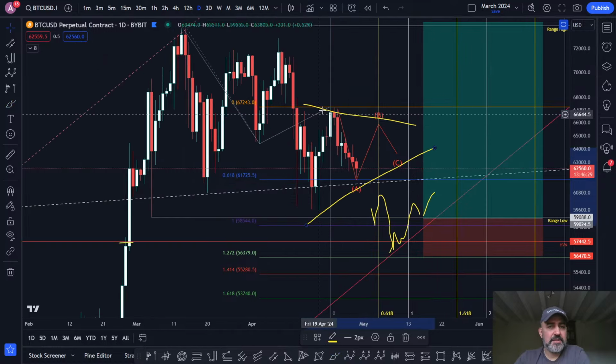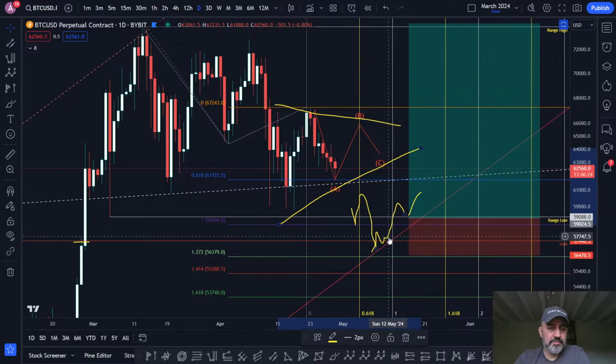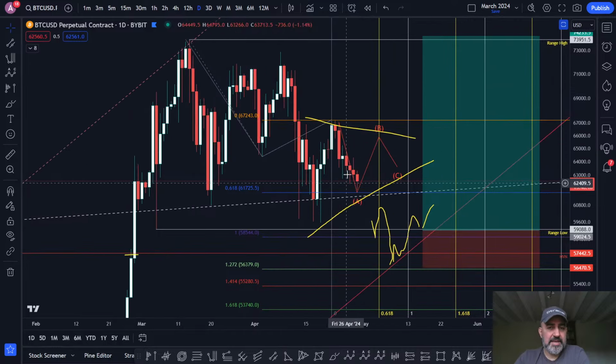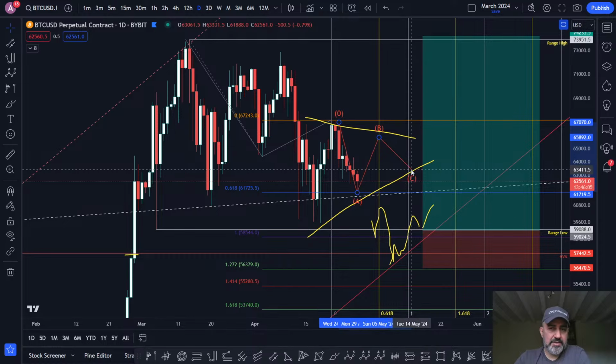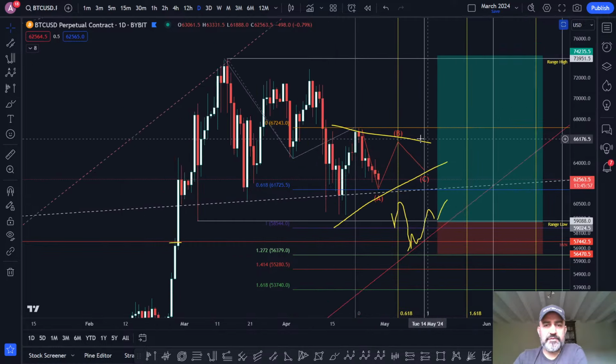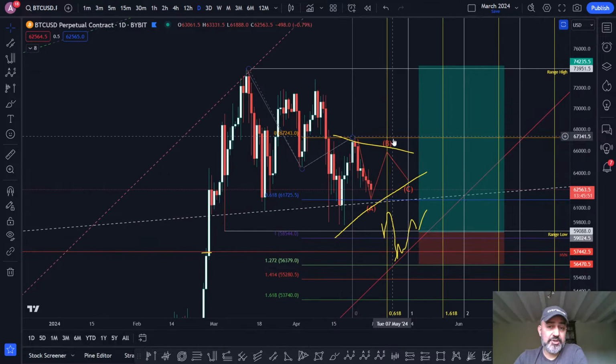Still the same idea, low to high, high to low, but rather than go all the way down, you're actually just forming some kind of triangle structure here, still completing the same idea, A, B, C, A, B, C, and then on time, possibly on time, is going to be exactly the same pivot, which is going to be Monday the 13th, thereabouts, the end of the second week of May, for a move to the upside, which will begin the next wave. That will be the next explosive wave, potentially.